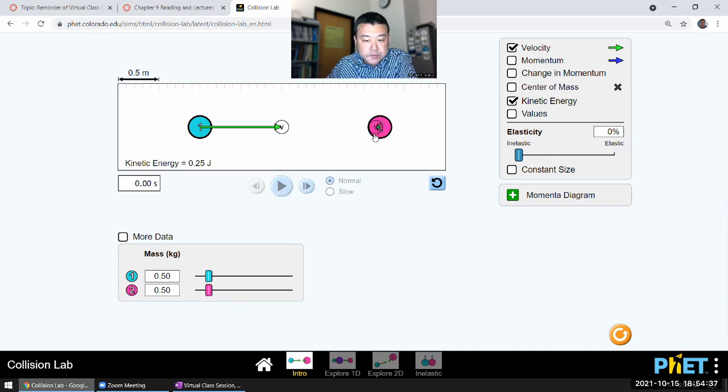I want this value to be 0.5. All right, so I set up these two balls with an equal and opposite velocity so that their total momentum will be zero. After they collide, yeah, they come to a complete stop and kinetic energy is equal to zero. So that's the constraint that remains for completely inelastic collision.